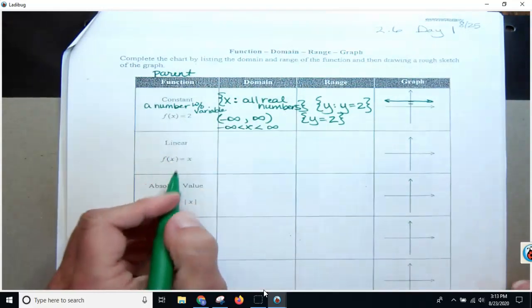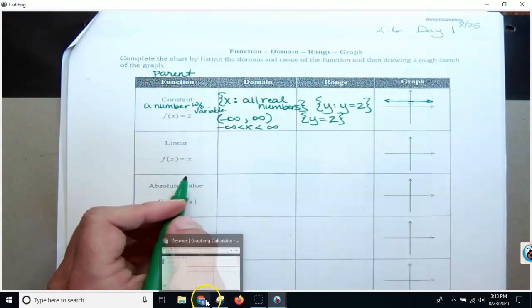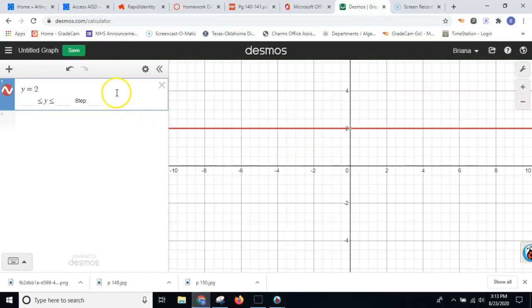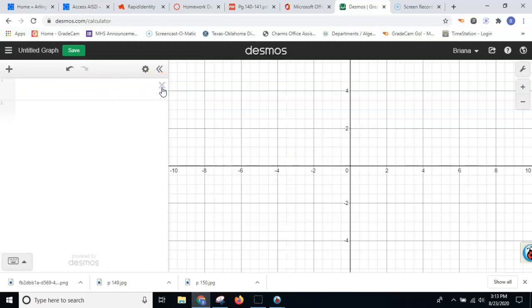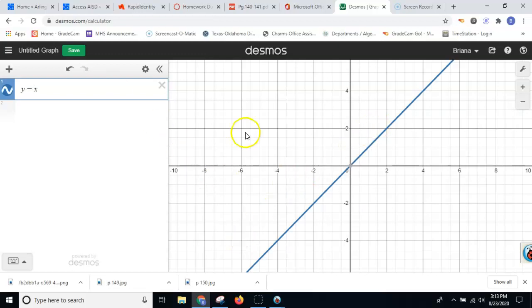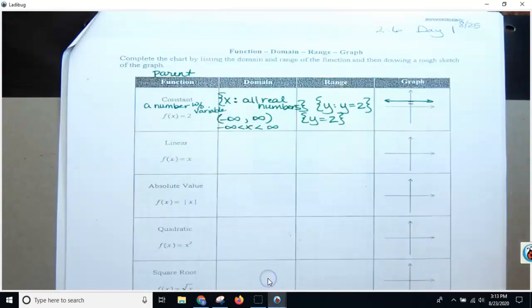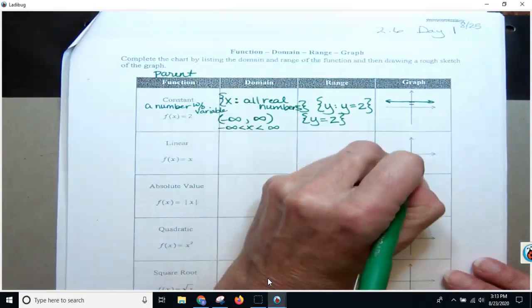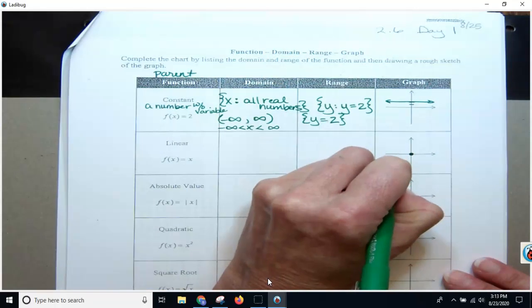Linear, so now we've got linear. If we go back to our Desmos and type y equals x, there is your basic line function. If we draw that, it's going to go through the origin.